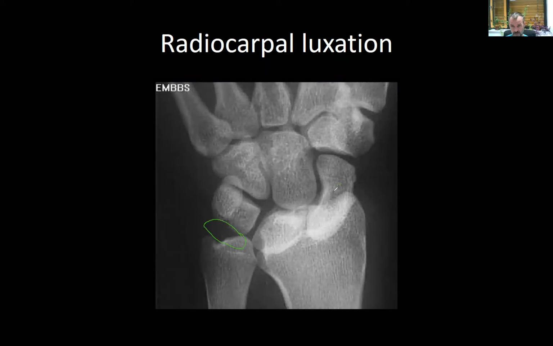And you can see the scaphoid, lunate, and triquetrum. Pisiform bone is, of course, ventrally or palmar from this area, so it could not be part of the joint. And here you can see nicely luxation as the bones overlap here. The overlap should not be here, so this is radiocarpal luxation.